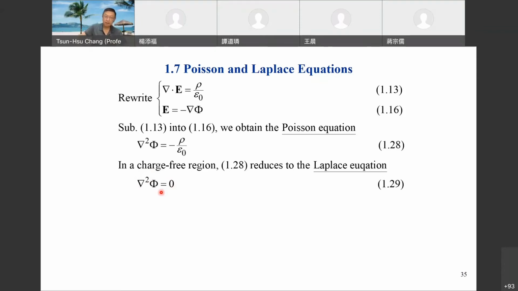And Poisson's equation, we don't know how to solve Poisson's equation. Now, with the Green function, we know how to solve this one, step by step.